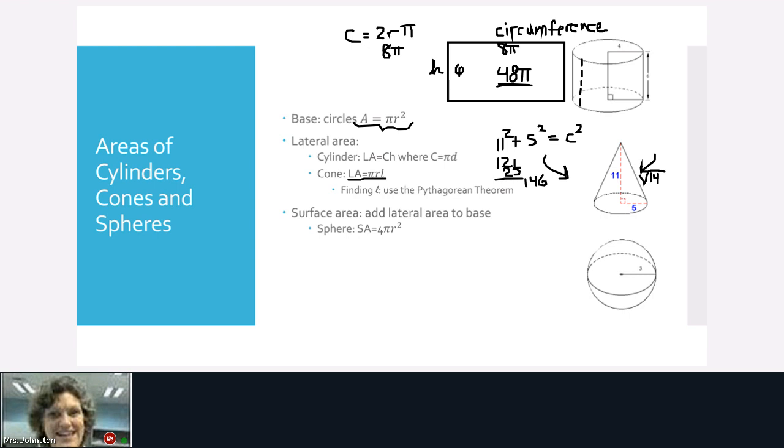And to find the lateral area, it will be 5 pi times the square root of 146.